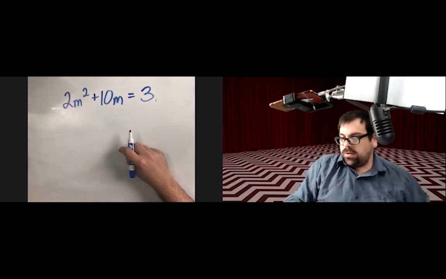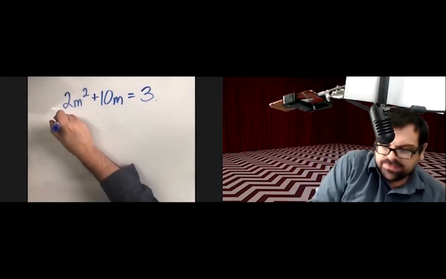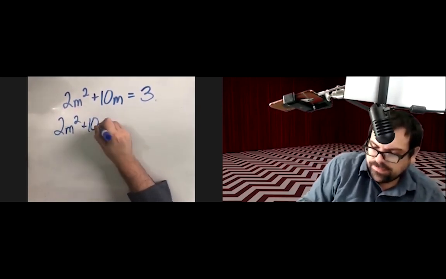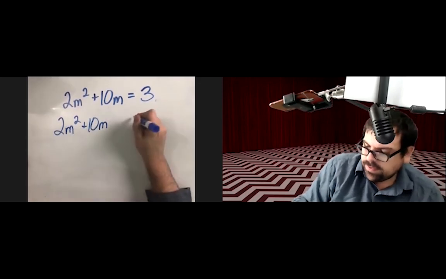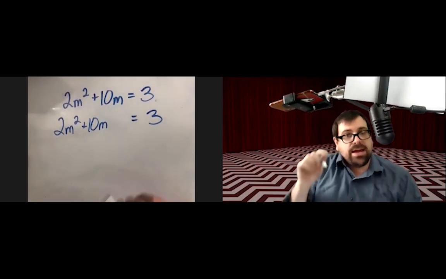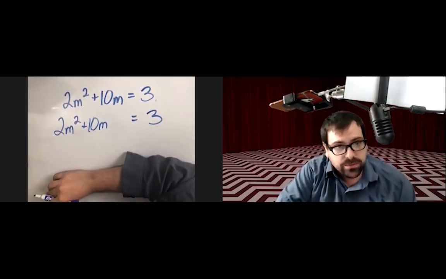Now, if I leave some space, we can see we already have what we need to complete the square on the left, but I want to caution you.